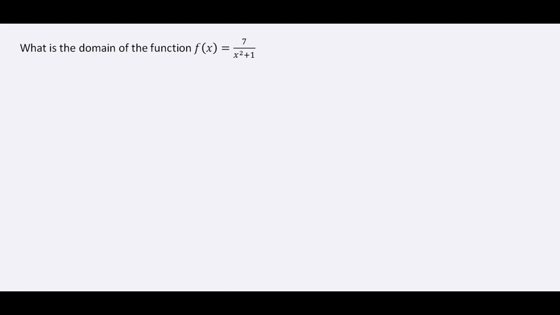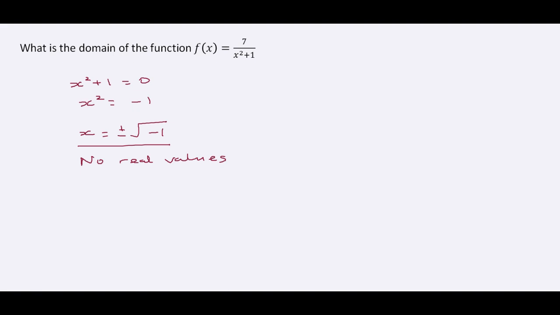So we're going to try to equate the denominator to 0. x squared plus 1 equal to 0. x squared equal to negative 1. So x equal to plus or minus the square root of negative 1. This will not give us any real values, so we have no real values.